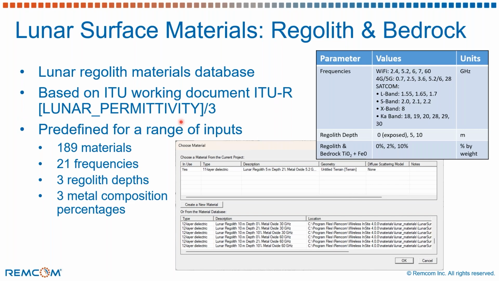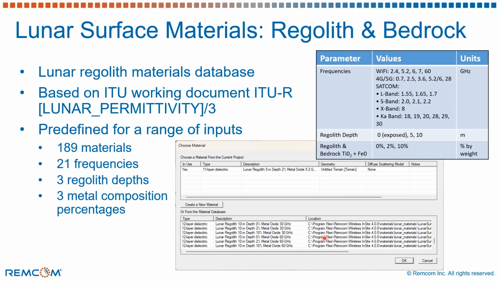So we used this to predefine a set of lunar materials using 21 frequencies, 3 regolith depths, and 3 metal composition percentages for the titanium and the iron. All these different inputs led to about 189 materials, and those are part of a database that's available to Wireless InSite users.